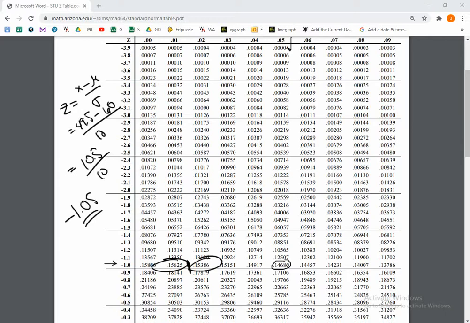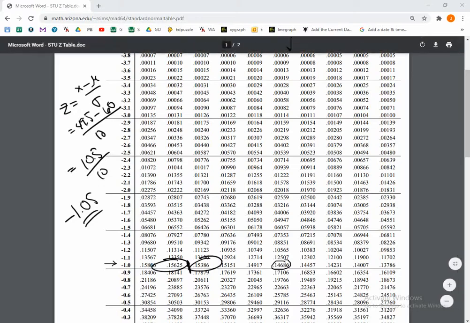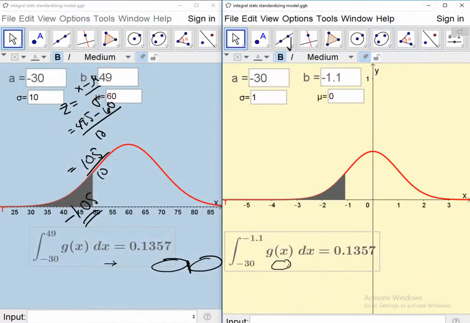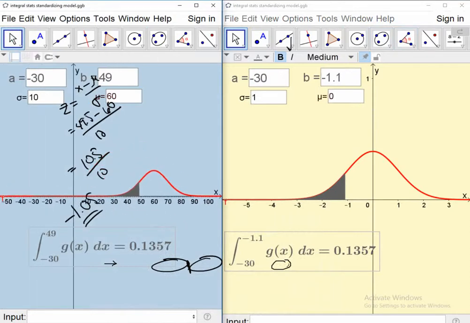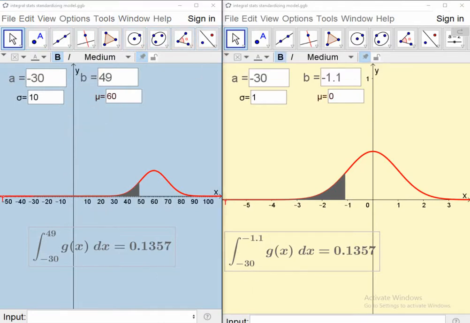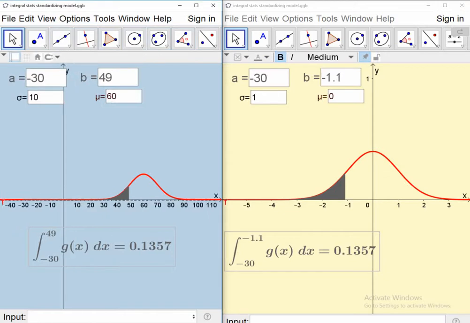But that is all predicated off of calculus. What I need us to really understand is that this curve here, okay, is going to be different for every single situation we come across. Every set of data that we collect, that curve might have a mean of 60, or it might have a mean of 70, and it might have a standard deviation of 8.